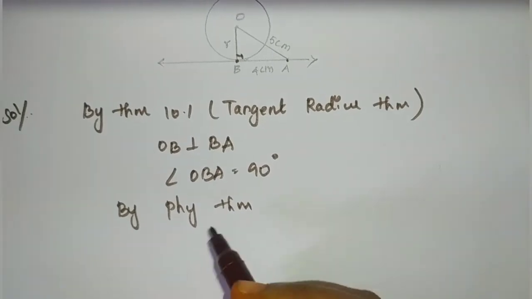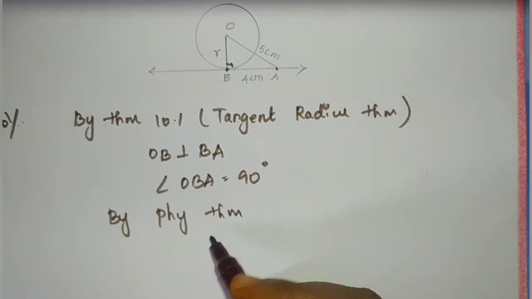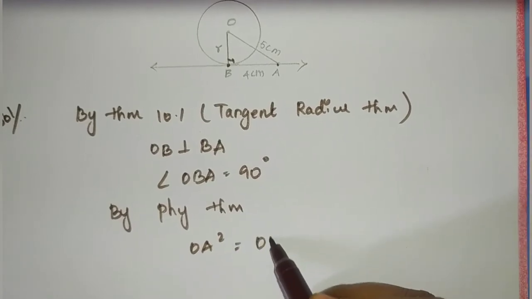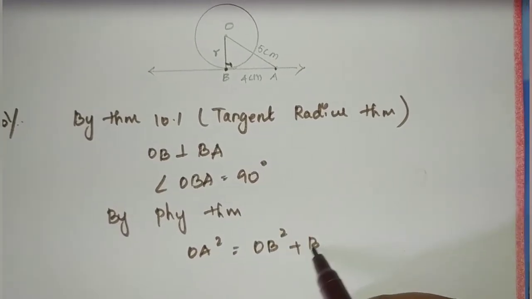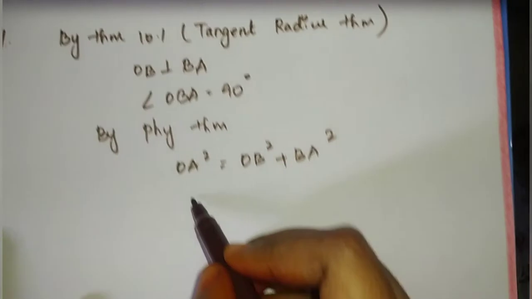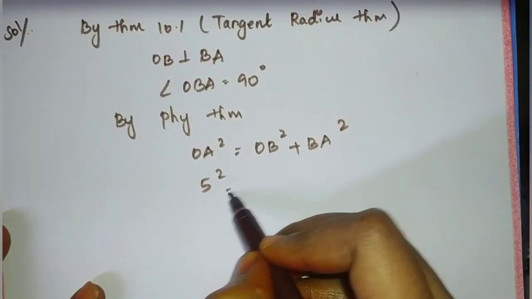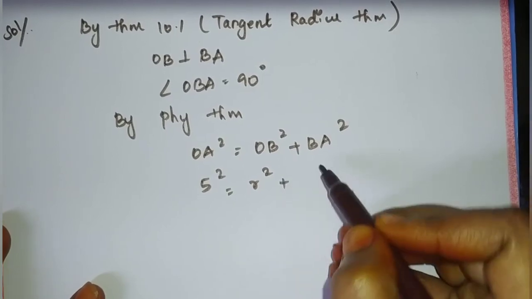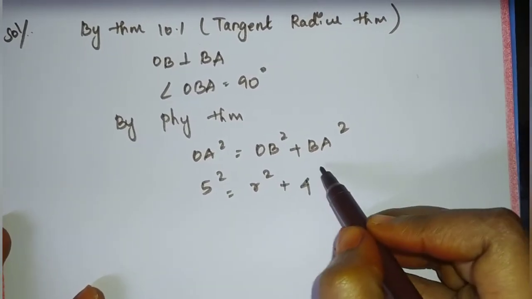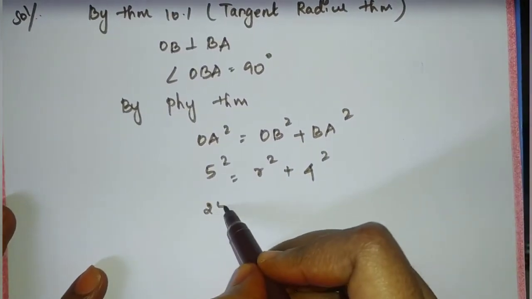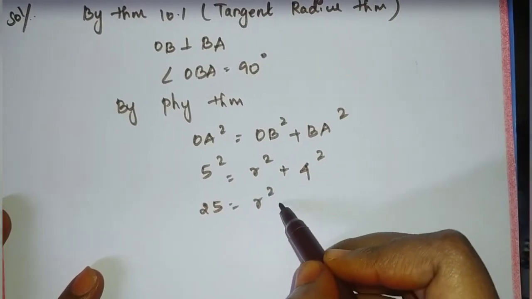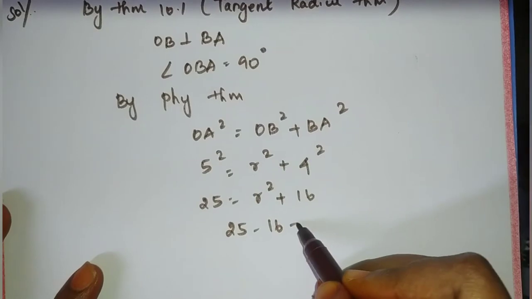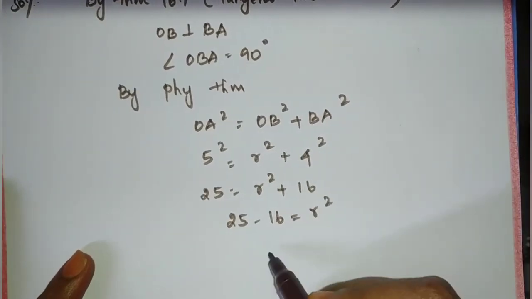Dear children, OA square is equal to OB square plus BA square. OA square is 5 square, OB is the radius R that you have to find, plus BA, 4 square. So 25 is equal to R square plus 16. 25 minus 16 is equal to R square.